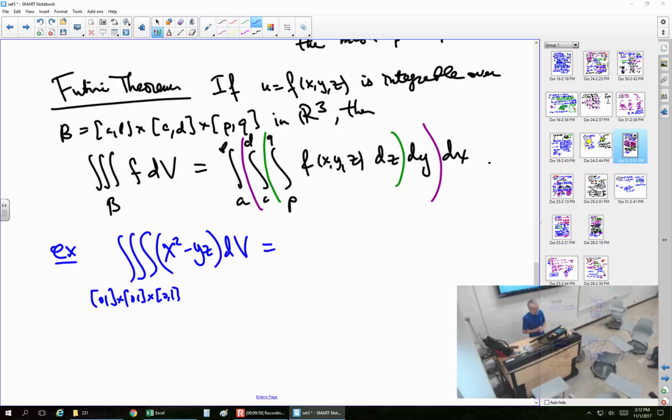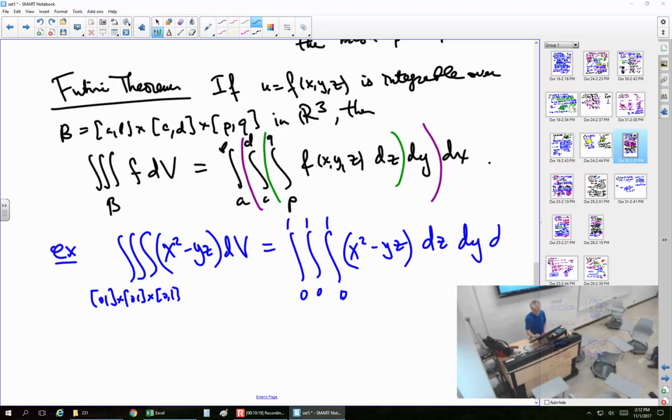As you can see, it is certainly integrable with respect to each of these variables, but the function is certainly integrable. But that's what Fubini's Theorem says. So then I'm writing these three integrals in the proper order, even though, well, this happens to be the same. x squared minus yz. The first integration to worry about is dz, then dy, dx.